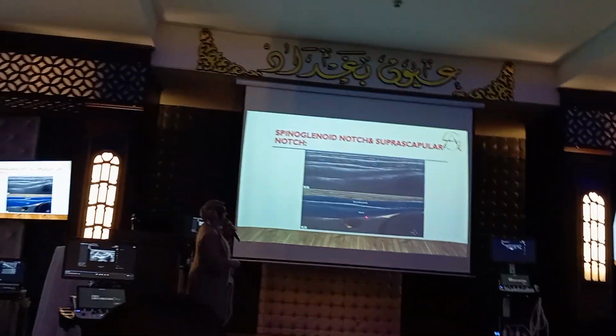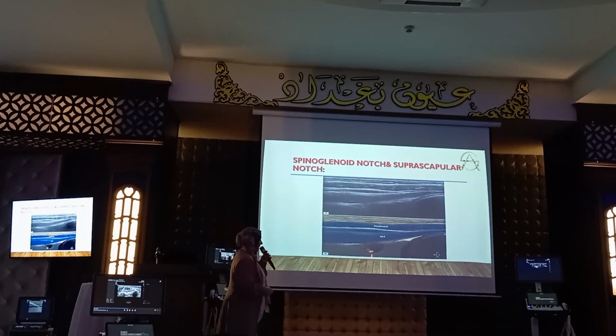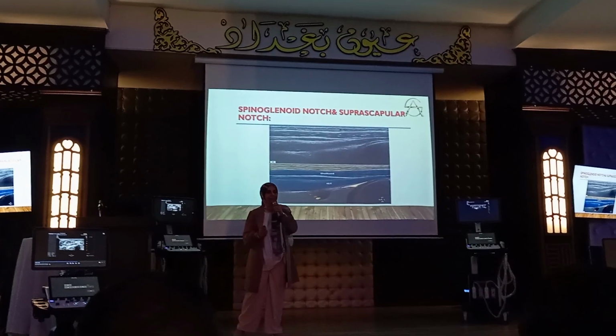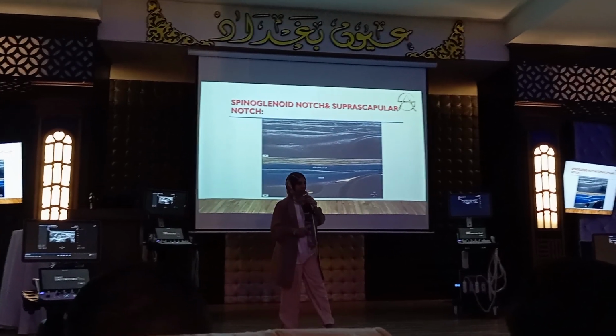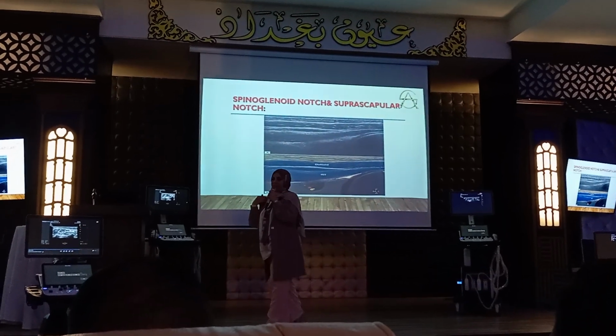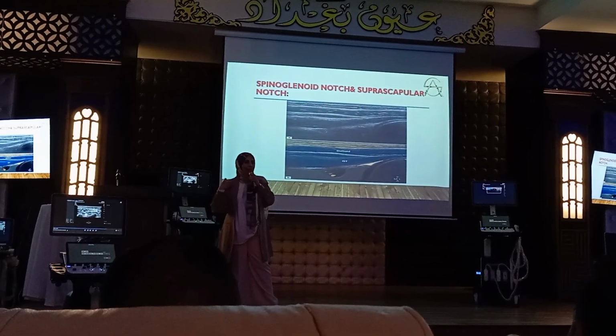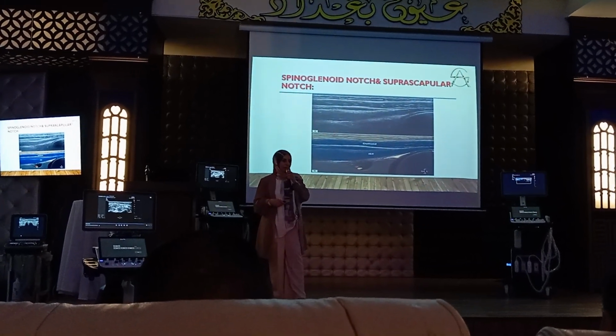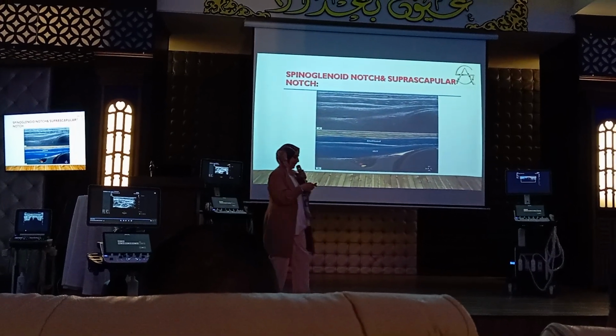The defect here is the spinoglenoid notch. At this site, we can do ablation because it contains only the sensory articular branch of the suprascapular nerve. So the anterior shoulder joint is supplied by the lateral pectoral nerve, the posterior by the suprascapular nerve, and the lateral by the axillary nerve.